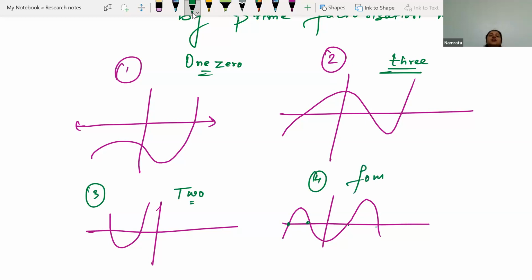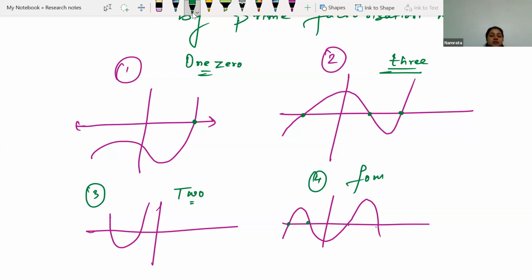So basically, when we are finding the zeros in graphical representation, zeros means how many times our graph is intersecting the x-axis. That will be the zeros. Here the graph is touching the x-axis 1 time, 2 times and 3 times. So these are the zeros of this polynomial.